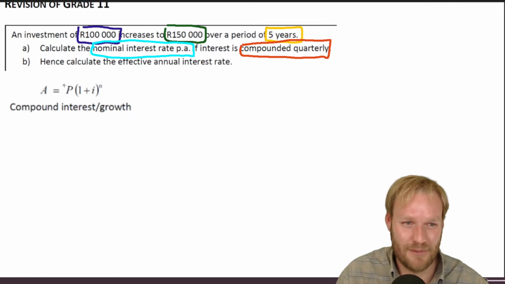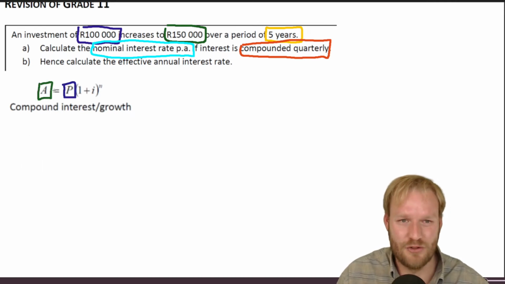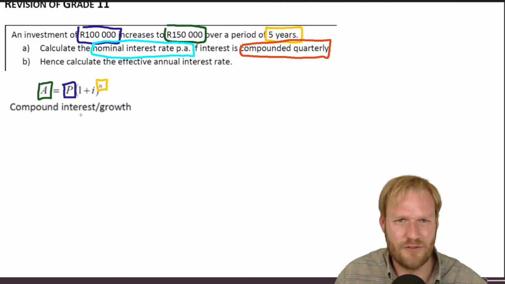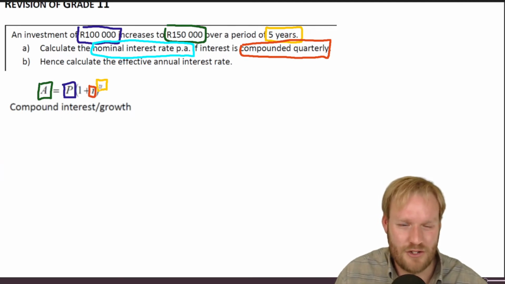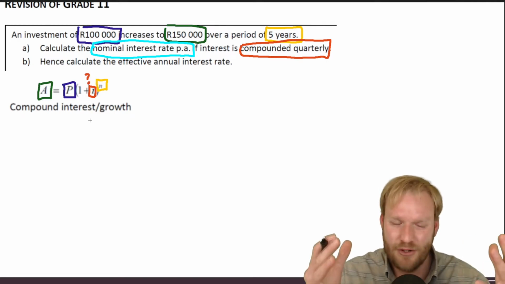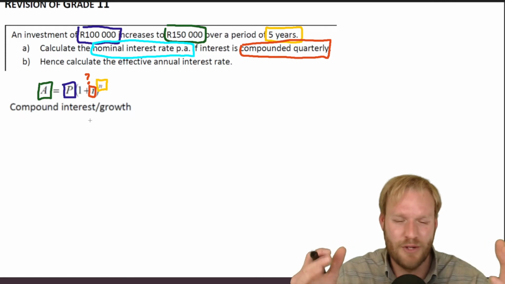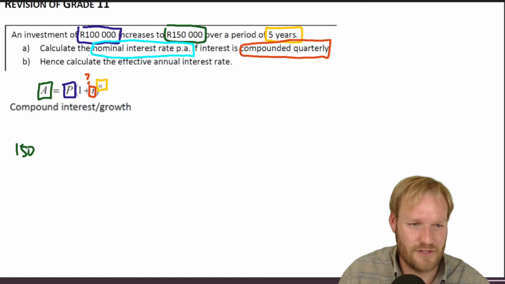Our principal amount, we're investing 100,000 Rand. It's growing to 150,000 Rand. It's happening over 5 years, and that's all we've got. And our interest rate, well, that's the bit that we don't know, but we know everything else in the equation. So we're going to sub in all the bits we know. We'll be left with one thing we don't know, and we'll get there. So let's fill it in.